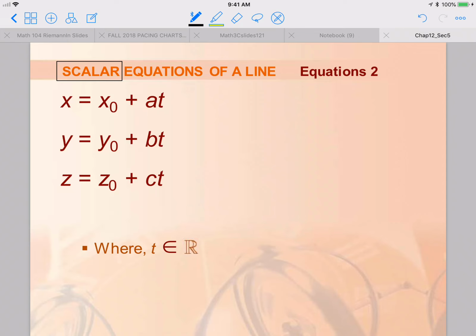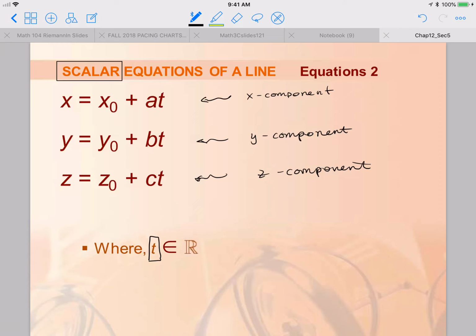Now we have scalar equations because we still have the input as a scalar, a parameter t, but the output is now going to be three different things: your x component, your y component, and your z component. So this is another situation where you want to make sure that you write down these formulas here.